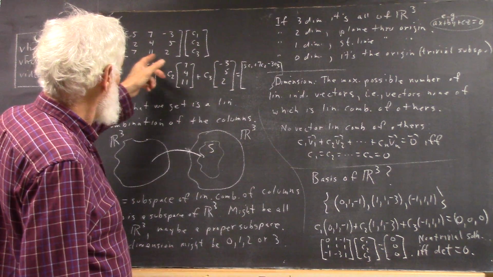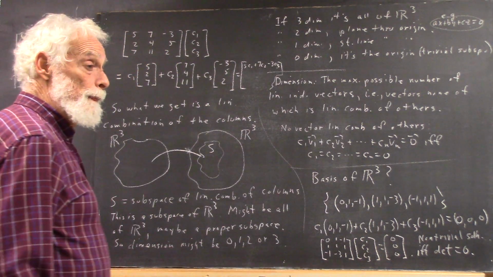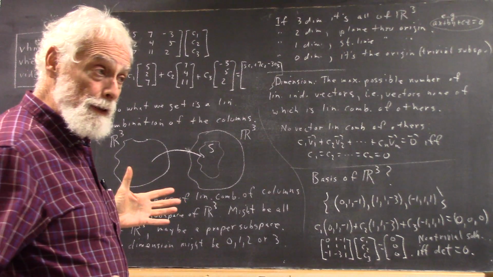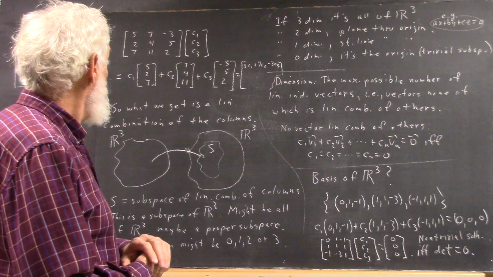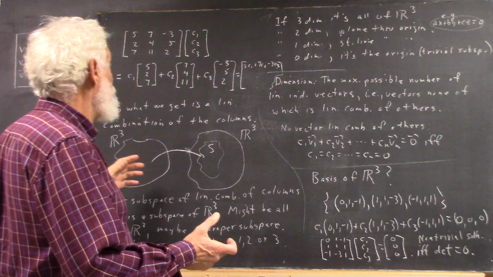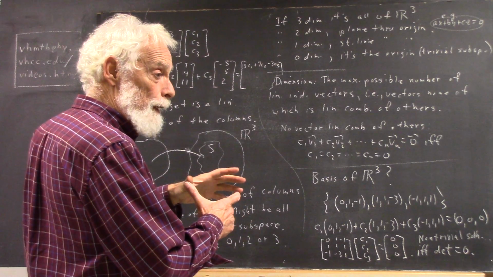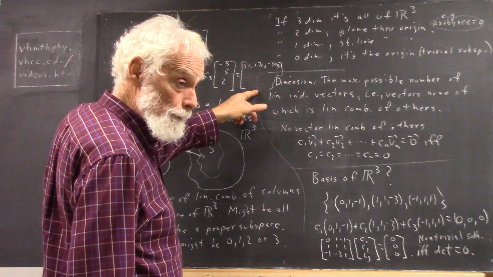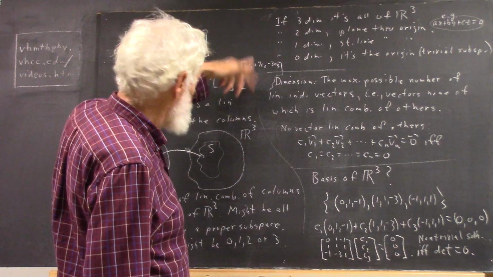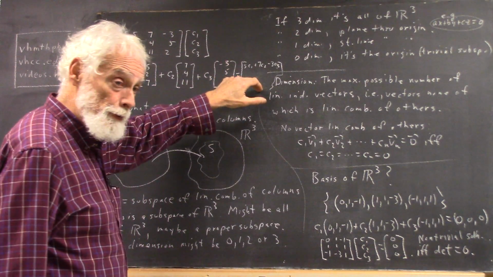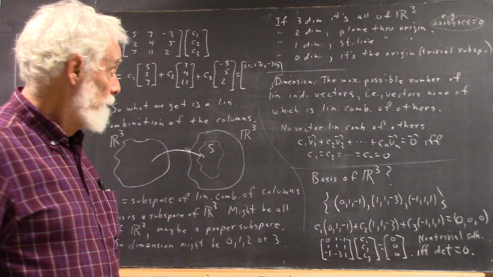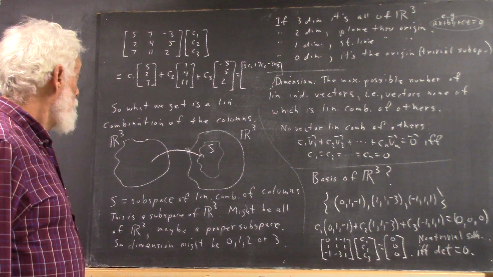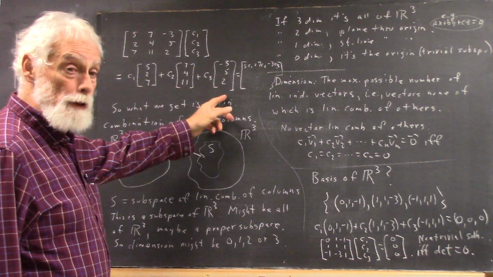And if these three columns are linearly independent, then that's going to give us vectors that span R3. Okay? The set of possible results that we get by multiplying this by this will span R3 if these three vectors are linearly independent.